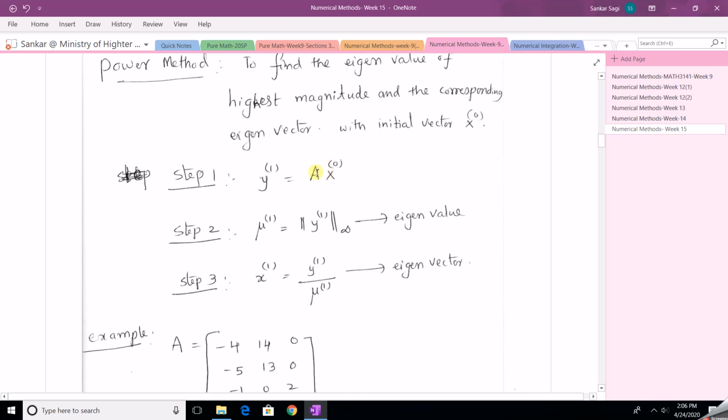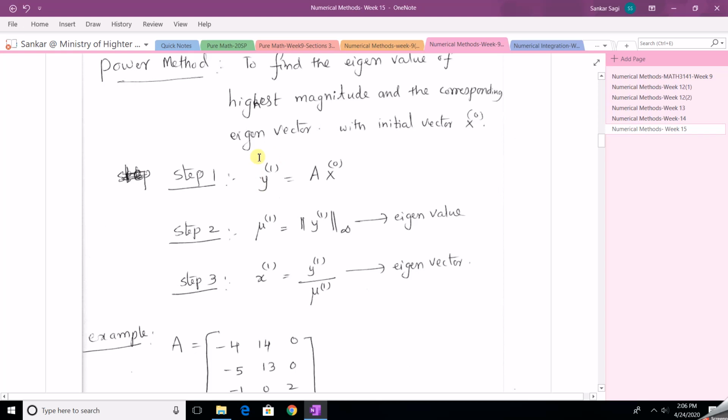And you have to multiply the matrix with the initial eigenvector. So if you multiply the matrix with the initial eigenvector, we will get a vector, we call it y1. That is the first step. Now in the second step, you find the L infinity norm of this vector.